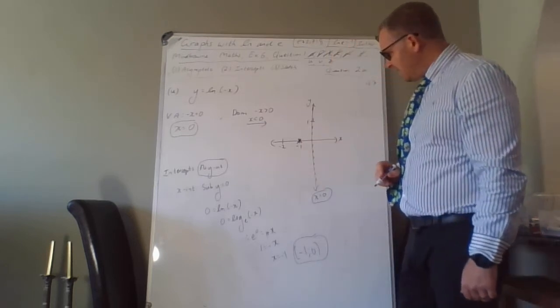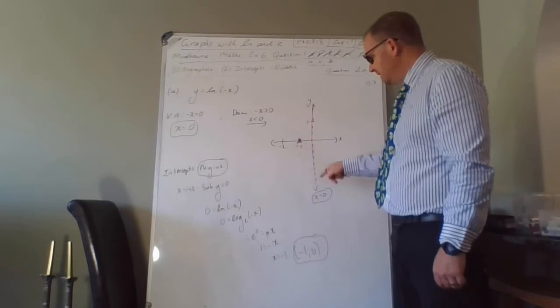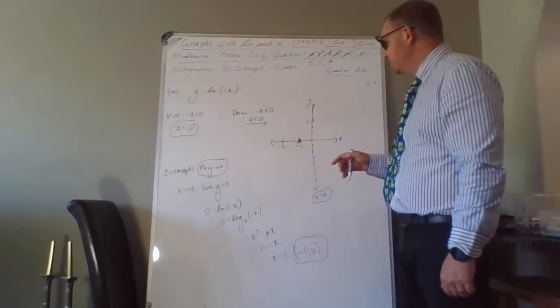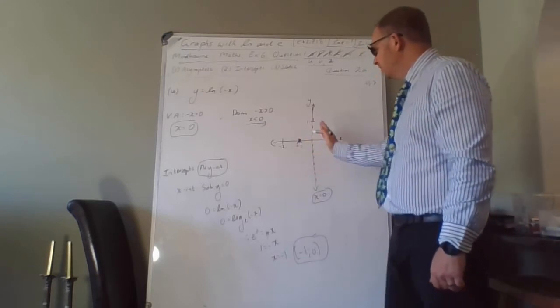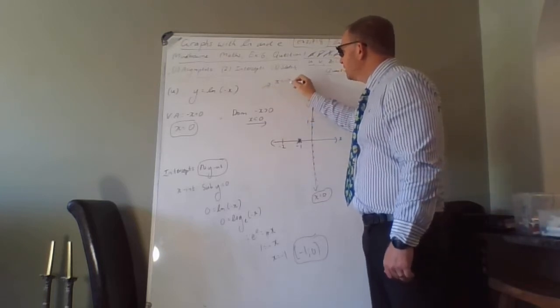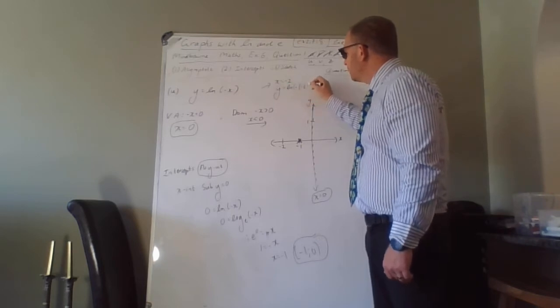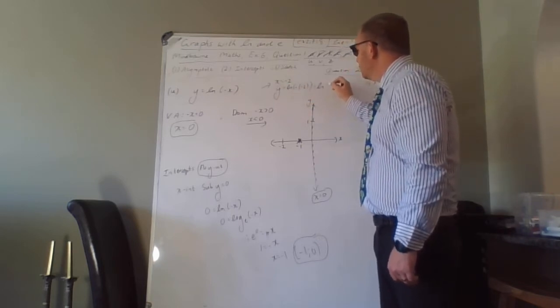And so we've only got one point. There's the asymptote. I don't have both intercepts, so I should really go find one other point. It's to the left, so let's say what happens when x is negative 2. When x is equal to negative 2, y is equal to ln of negative negative 2, which is ln 2.